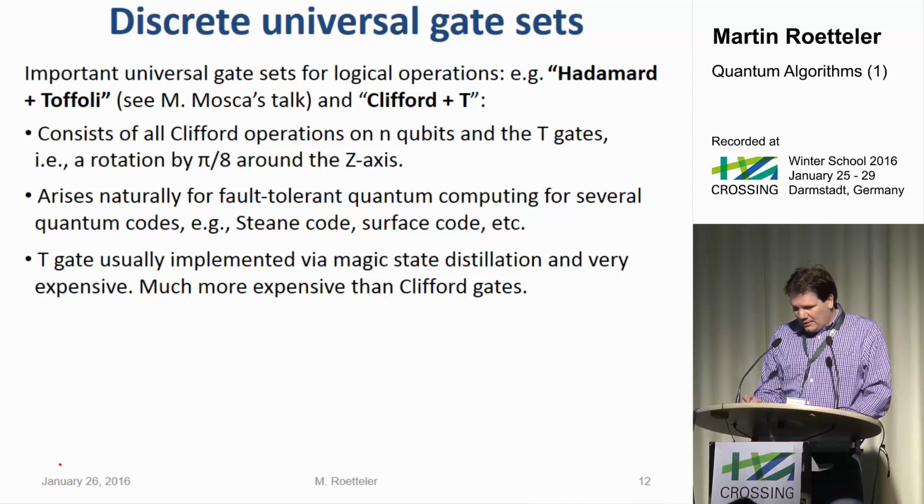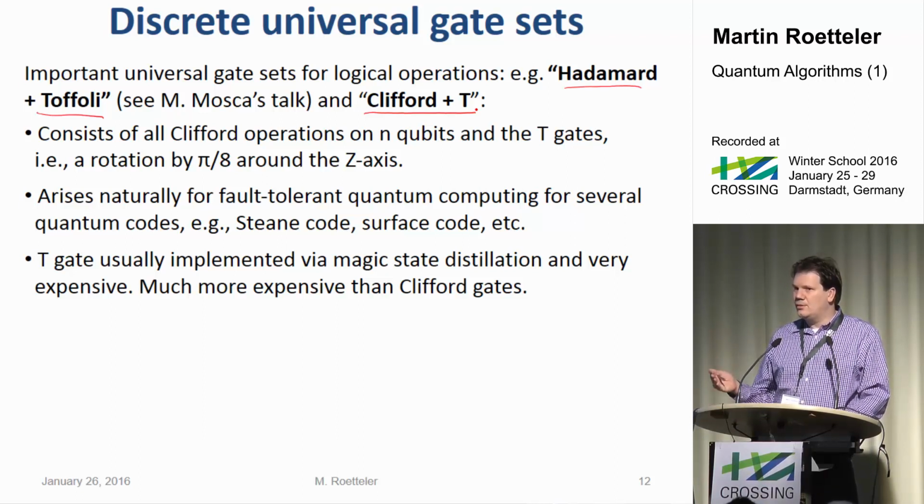But a nice one is called Hadamard and Toffoli. That's known to be universal. Another is the so-called Clifford and T gate set. I'm not going to define really what the Clifford group is, but just to give you an idea, it's the CNOT together with a gate that looks like this.